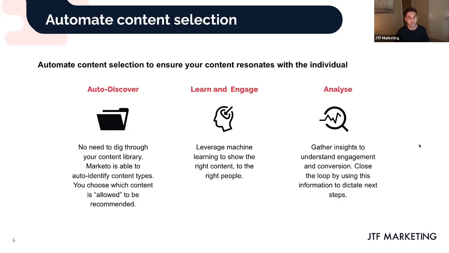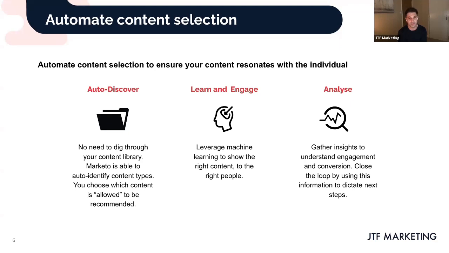When we think about how we could automate and use the tool, one of the key things is it allows you to auto-discover. You don't have to trawl through your entire website and content to decide what is best and what you think your audience would most like to see. Marketo does that for you, and it's able to identify everything from your website for all different content types and give you the power to choose what is allowed to be used.